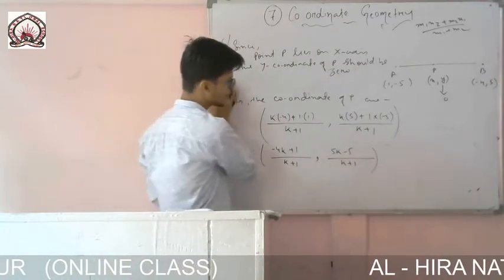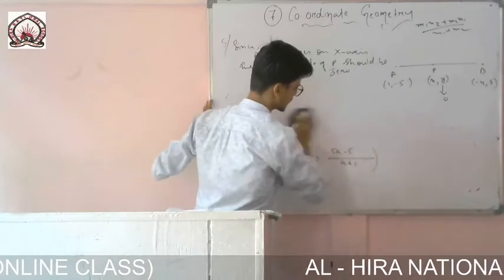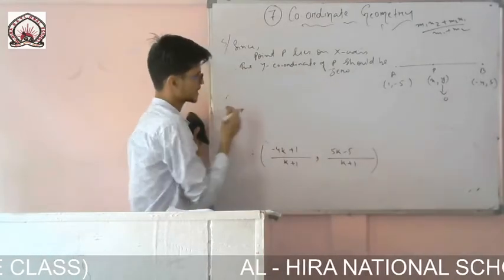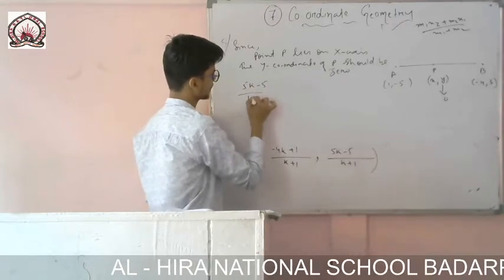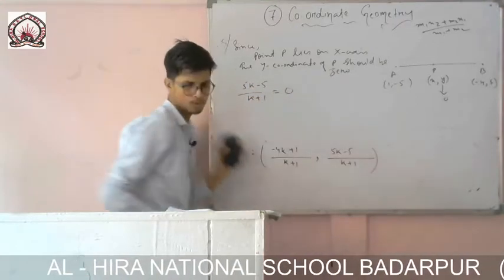So if the y coordinate of P is 0, then I can write that 5k minus 5 by k plus 1 will be equal to 0.